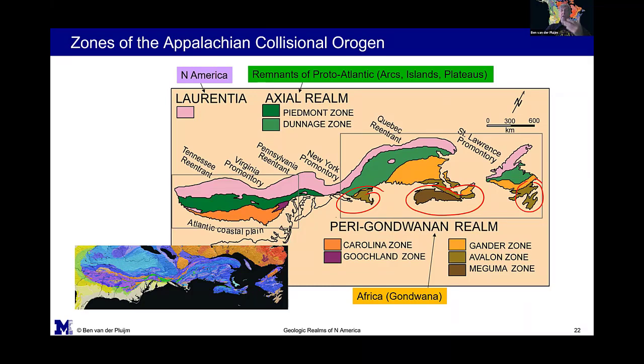They got welded onto the margin as that ocean that existed before the Atlantic, the proto-Atlantic Ocean, we call that. Iapetus is the term that the specialists use for that ocean. They call it the Iapetus Ocean. But these are the remnants that are in between, all kinds of features: plateaus, oceanic islands, arc systems, smaller subcontinents.